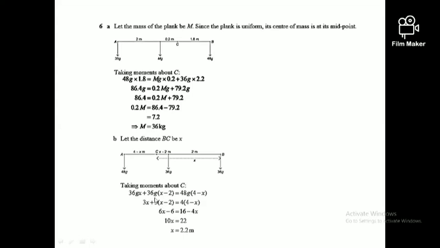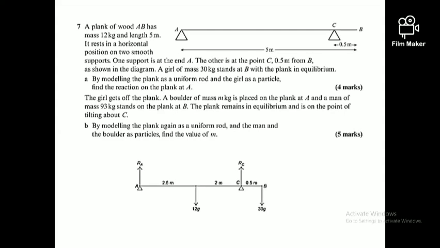If you divide by 12g, it's 3. x minus 2 into 48g divided by 12g is 4 into 4 minus x. Then you can expand the brackets and you can obtain the answer for x as 2.2 meters. Right. That is a way of understanding question number 6, and this is a way of getting the answer for question number 6. Right.